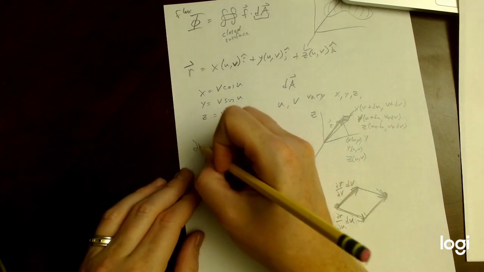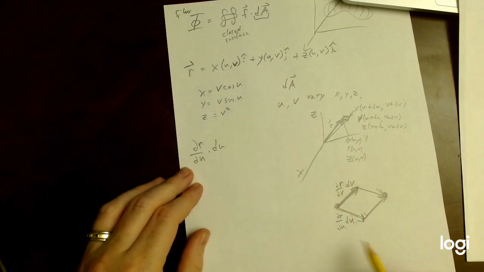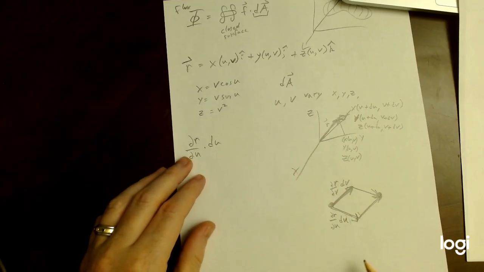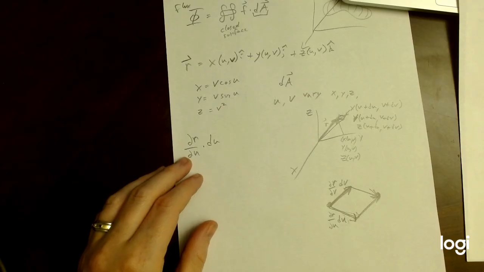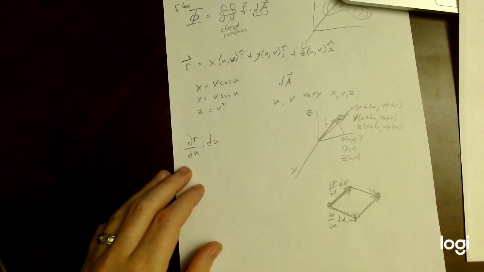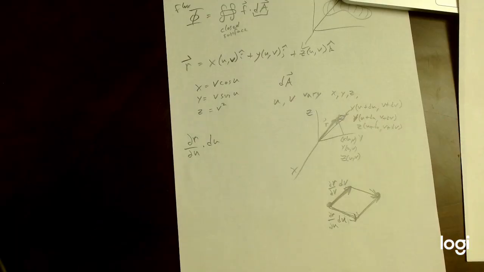So dr/du times du is a small step in a direction as I increase u at constant v, and is tangent to the surface that I'm defining.